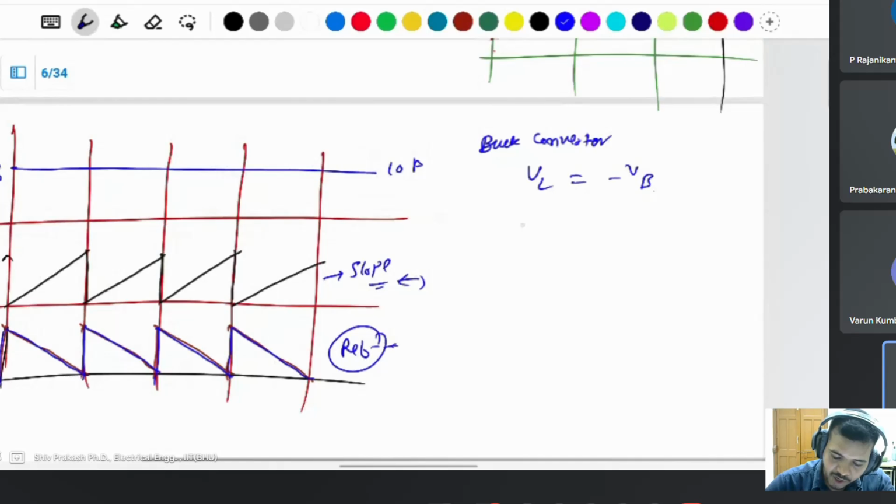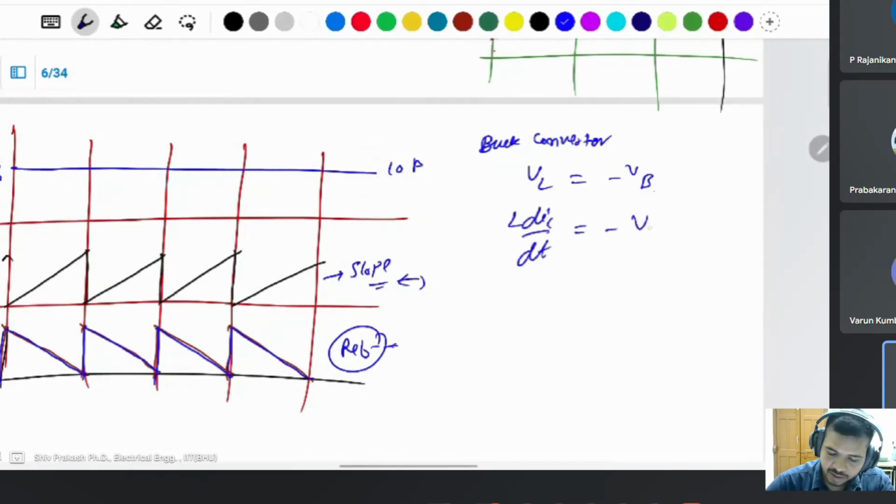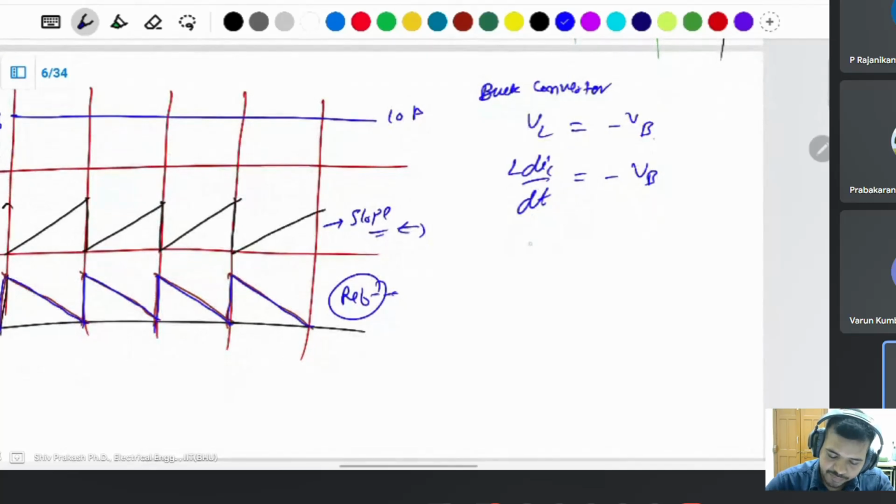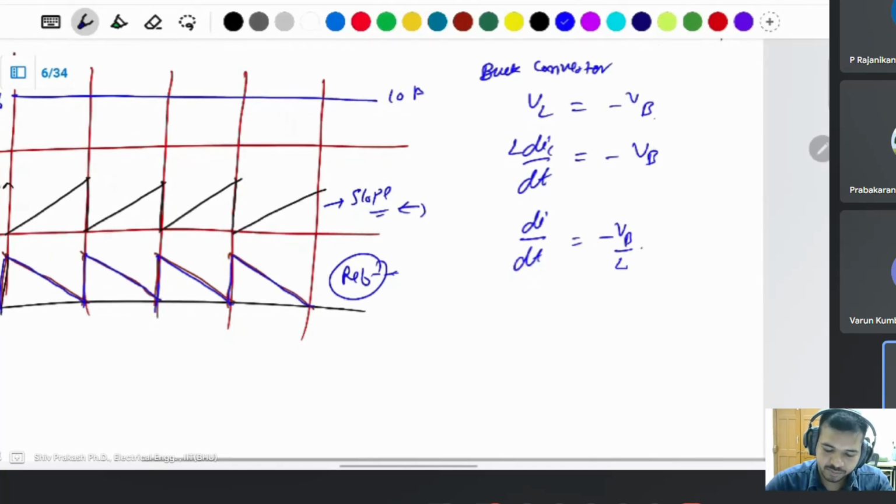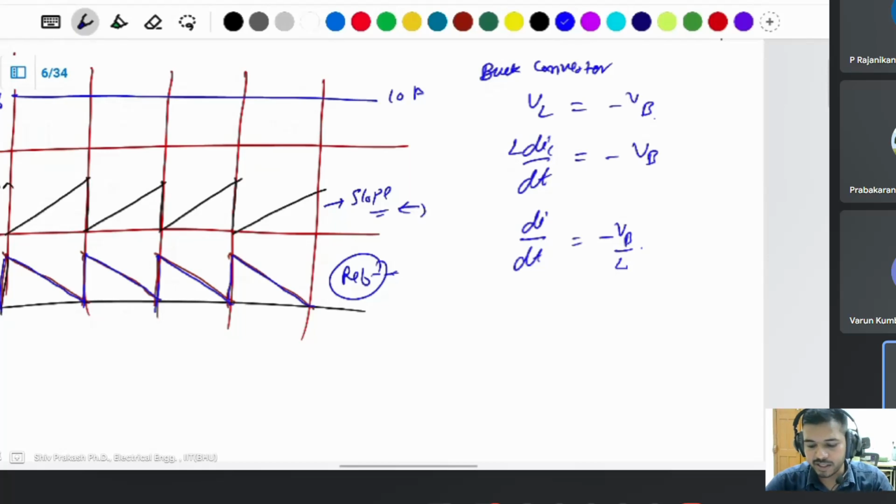Then what happens, di by dt, minus Vp. If we integrate this in the off duty cycle, this is the slope: battery voltage VB divided by the inductor L. This is the slope.